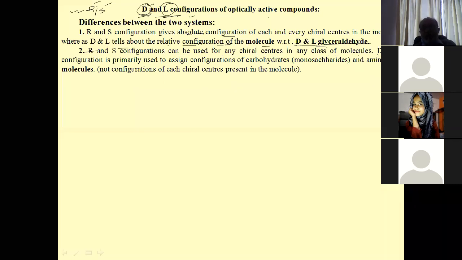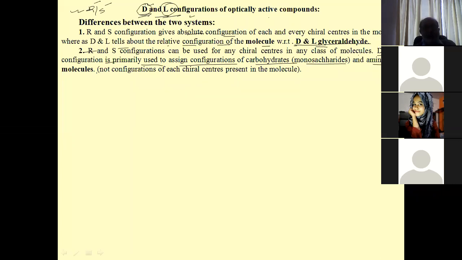But D and L configurations are primarily used to assign the configuration of carbohydrates, monosaccharides only, and naturally occurring amino acids. It is not the configuration of each chiral center that is assigned. Here, the molecule is given the configuration, not the chiral center. So this is one major difference.